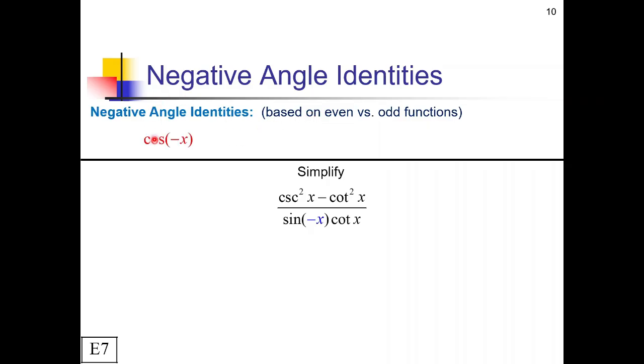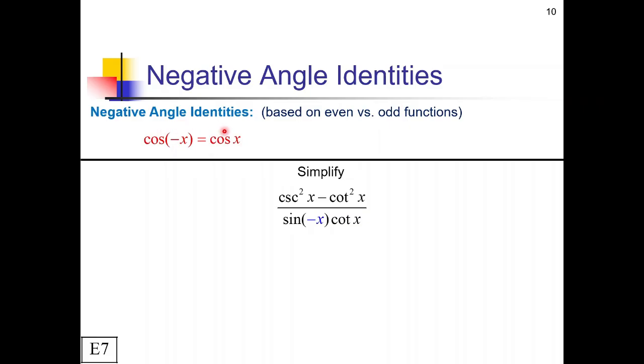So let's say that we have cosine of negative x. Now, cosine is an even function. We know this because cosine has y-axis symmetry if you look at the graph. So even functions have the property that f of negative x equals f of x. So cosine of negative x then just equals cosine of x.